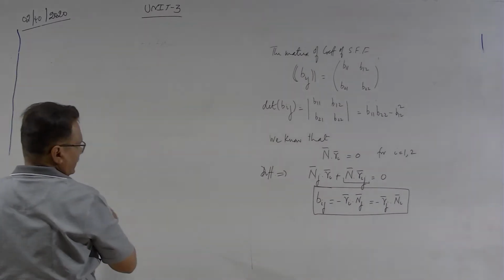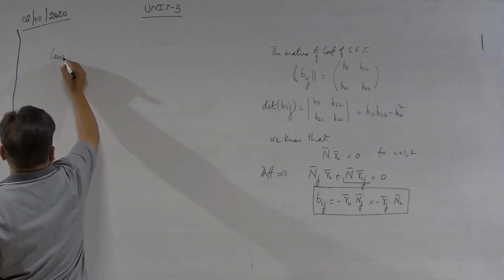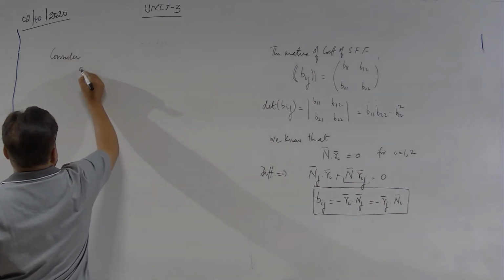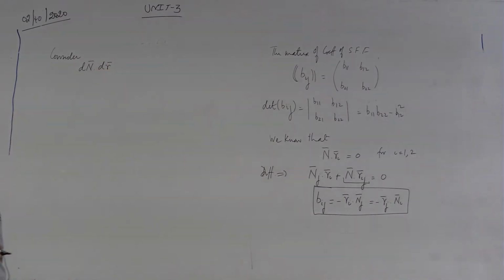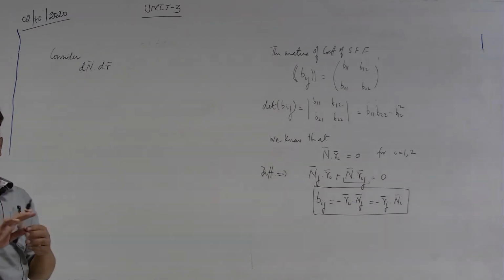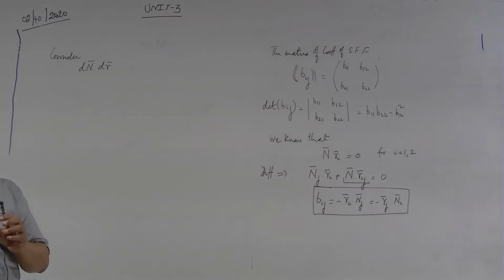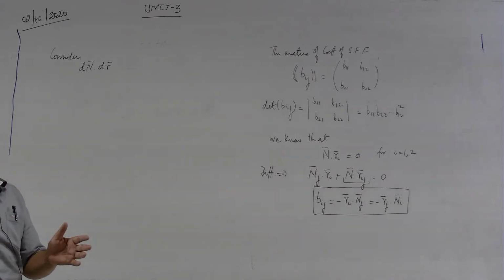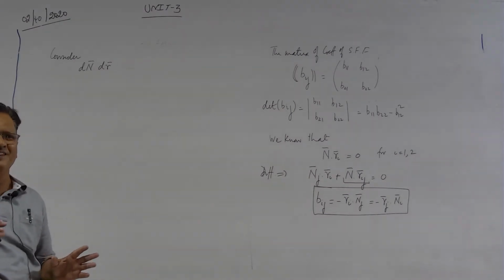There is another important observation here. Look at this. So, consider dn dot dr, the total derivative of n dotted with the total derivative of r, because n is also moving on the surface. Whenever you have a surface and you take the normal at every point, it will go on changing its direction. So, it is a variable, a function of both u1 and u2. So, dn means del n over del ui into dui.